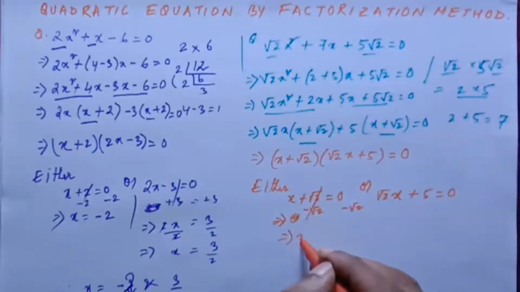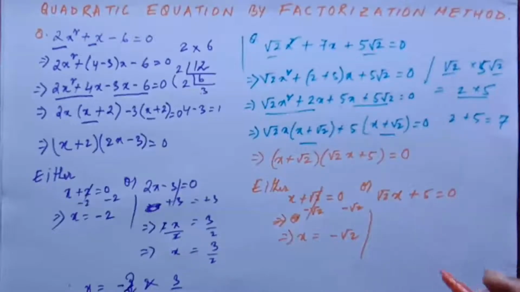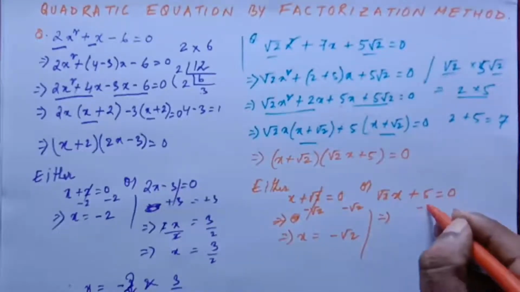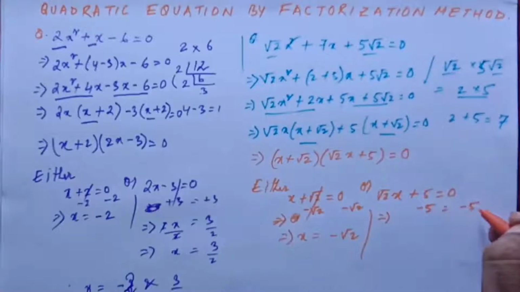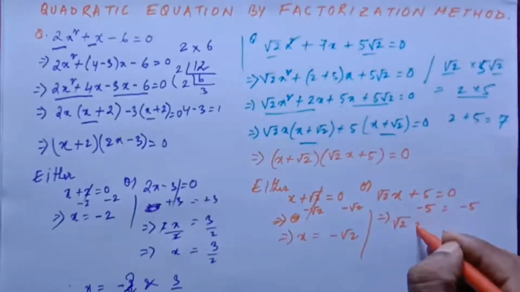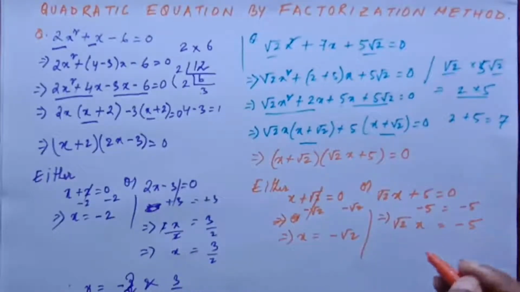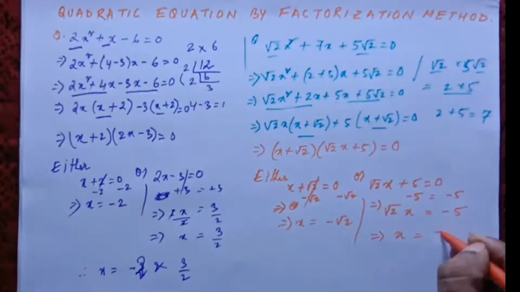So x is equal to minus root 2. Let us do the other. We subtract 5 on the left and on the right hand side also, 0 minus 5. So we have root 2x equal to minus 5, or x equal to minus 5 by root 2.